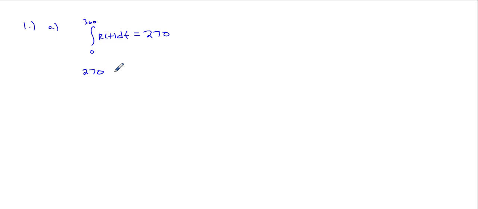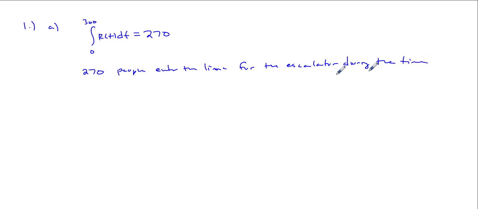You have 3 and a 7. 270 people enter the line for the escalator during the time interval, and then inclusive 0 to 300.